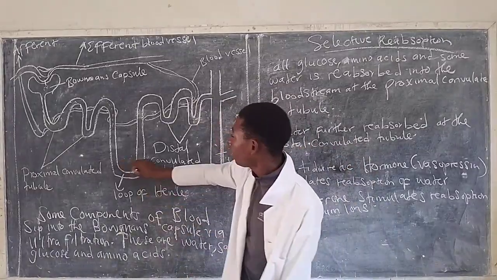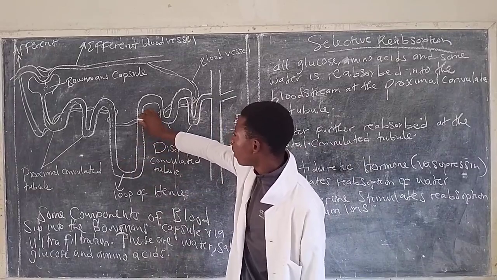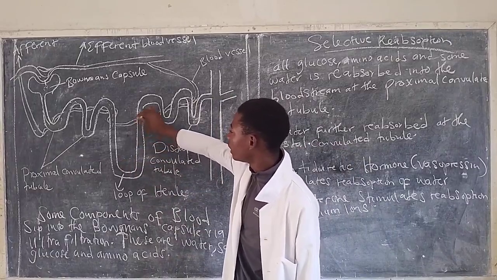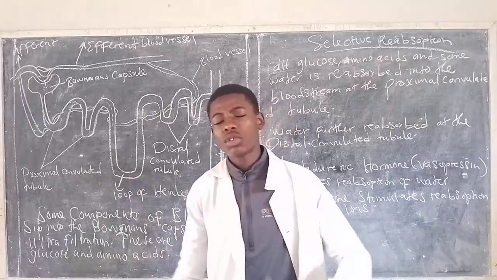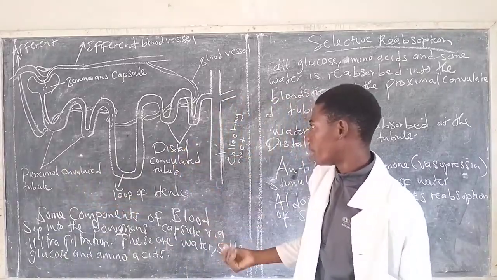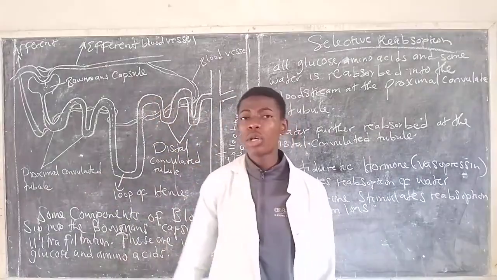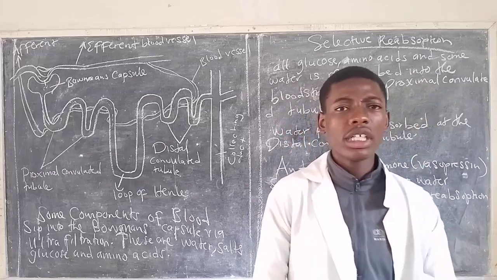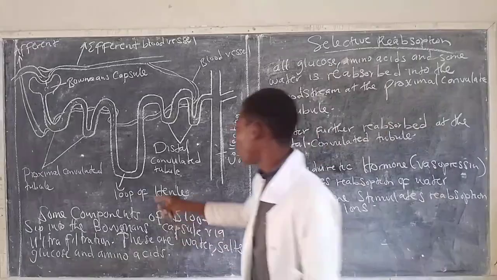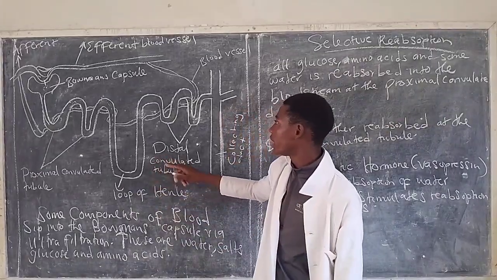So when they are reabsorbed at all points, some essential substances will be moving into the bloodstream. As the materials move, they reach the other convolution, the other folds, which we call the distal convoluted tubule.